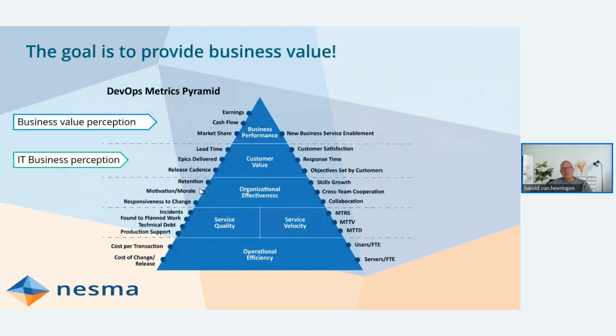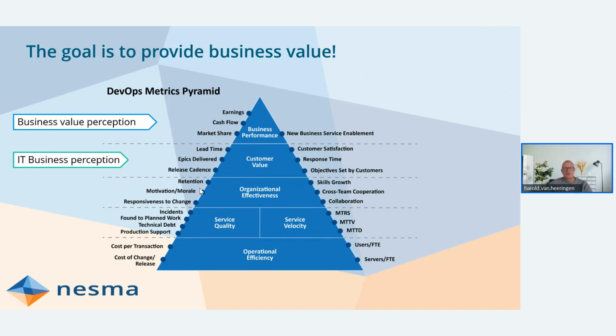In the end, of course, you want to provide the business value, but business looks at metrics in a completely different way than IT does, or the guys in the team do. So you see here a DevOps metrics pyramid. I forgot to put the source there. I thought it was Gartner. On the top of the pyramid, you have the typical business KPIs.